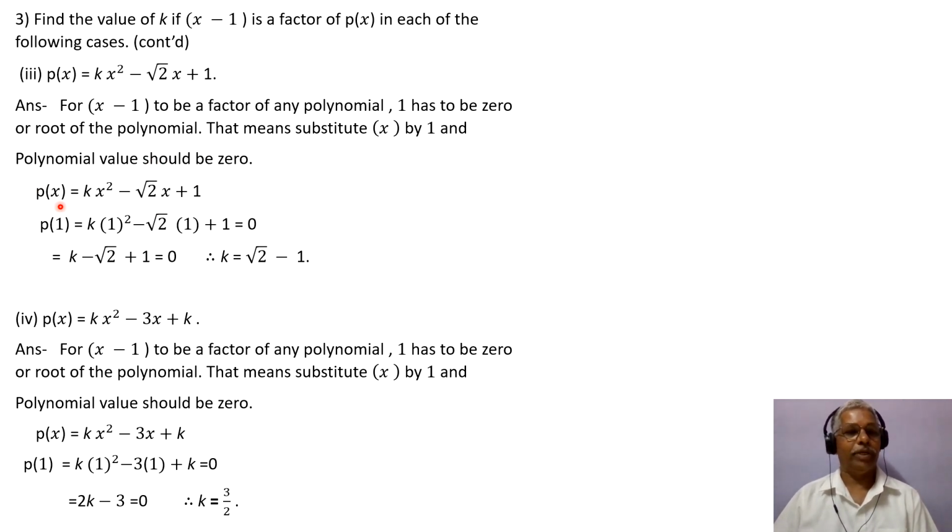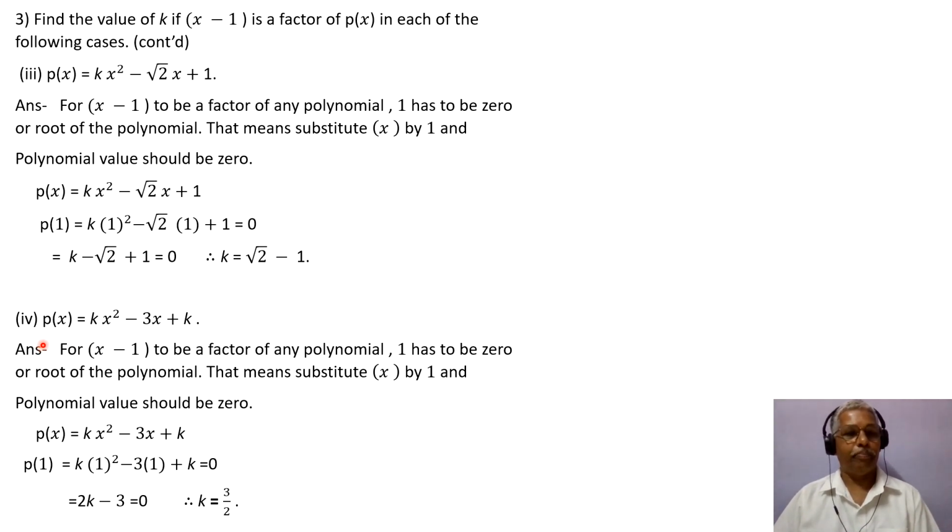So I am doing it. Px is equal to all this, so P1 is equal to k into 1 square minus root 2 into 1 plus 1. So you get k minus root 2 plus 1. This will go on this side with change of sign, so k is equal to root 2 minus 1. So this is again very simple.